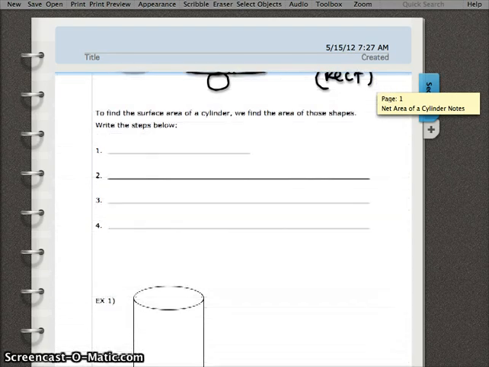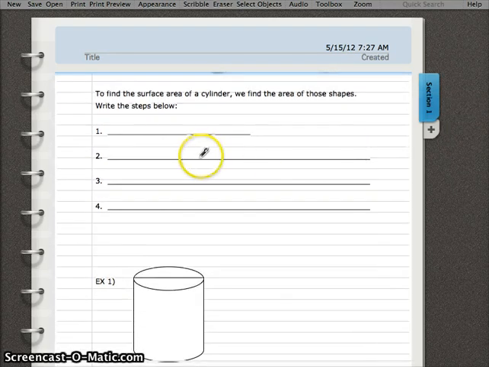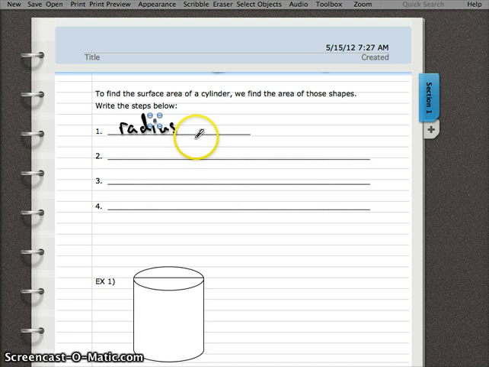So those steps that we just described, we could write them out. In general, you're always going to want either the radius or the diameter. Usually you want the radius to find the area of a circle, so find the radius first. Step 2 would be to find the area of your circles and double it because you have 2 of them.